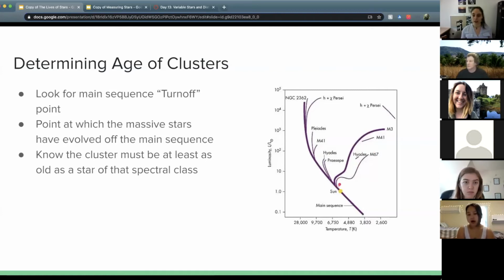The M67 cluster is probably pretty close to 9 billion years old, whereas NGC 2362 might only be a few million years old. So we can use where this turnoff point is to get an idea of the age of a cluster. And then we can use looking at different clusters to figure out how stars age over time. This is one of the main ways we can learn about the lives of stars, just by looking at where they fall on an HR diagram.